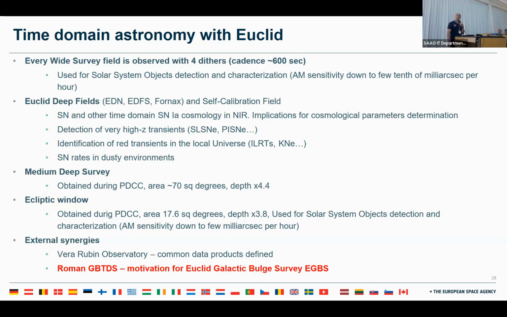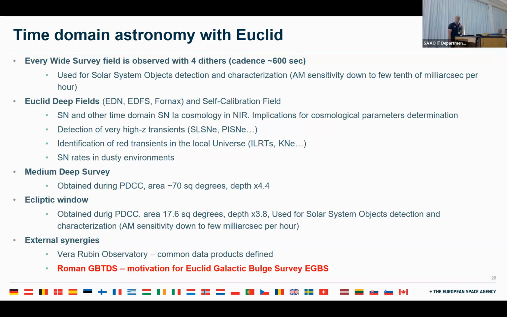The Euclid deep fields are used for a number of science topics. We have also a medium deep field of about 70 square degrees, and an ecliptic field, and the window to the ecliptic, which is probably the best ever data set to detect solar system objects.